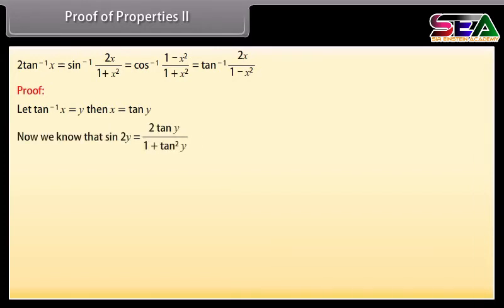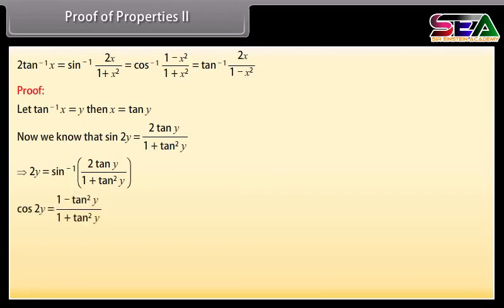Now, we know that sine 2y is equal to 2 tan y by 1 plus tan square y. It implies that 2y is equal to sine inverse of 2 tan y by 1 plus tan square y. Cos 2y is equal to 1 minus tan square y by 1 plus tan square y.